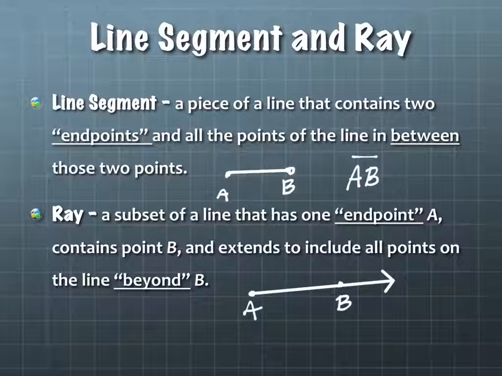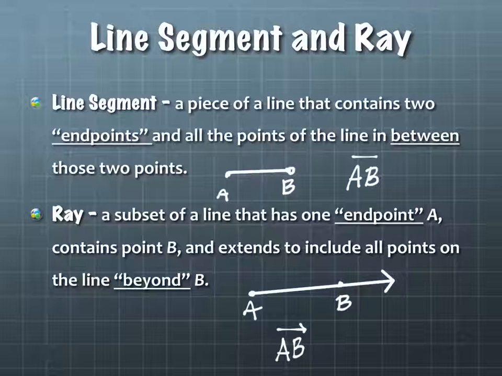And then when we write the notation, it matters that we write the end point that it starts at first, the end point that it goes through second, and then on the top of this we write that same arrow. Okay? So the part where you see the arrows match. So you have the arrow here going across for B, and the arrow is going beyond B over here. Okay? If you switch the notation, it would be a different ray.